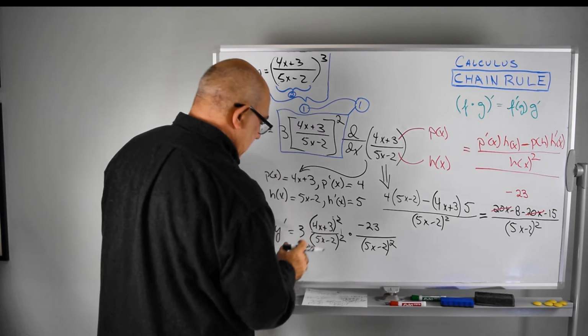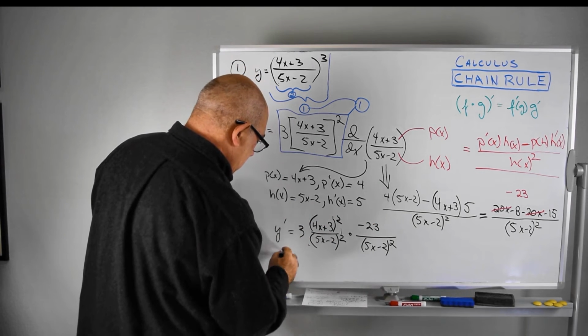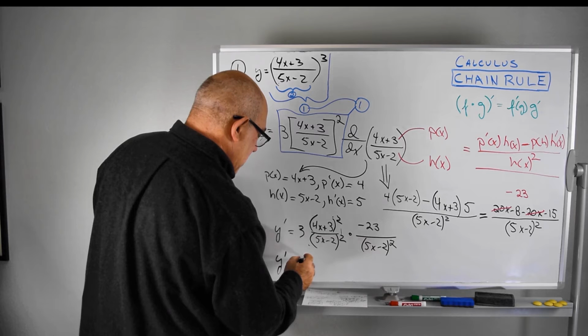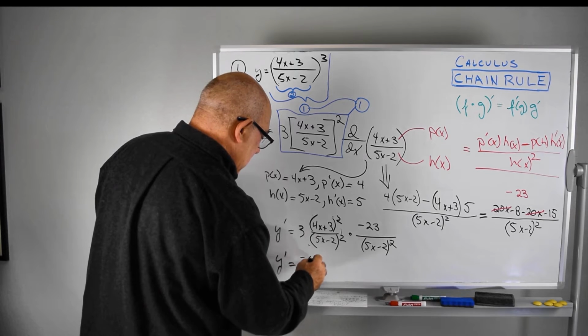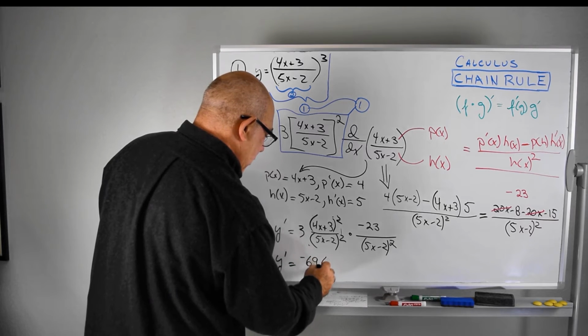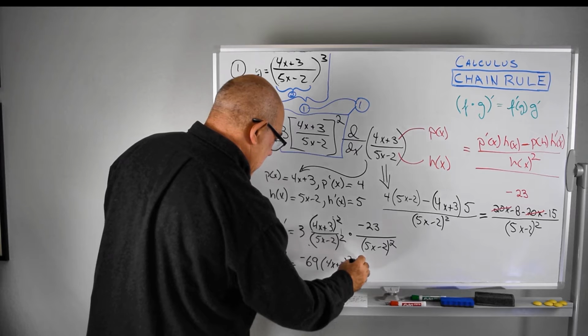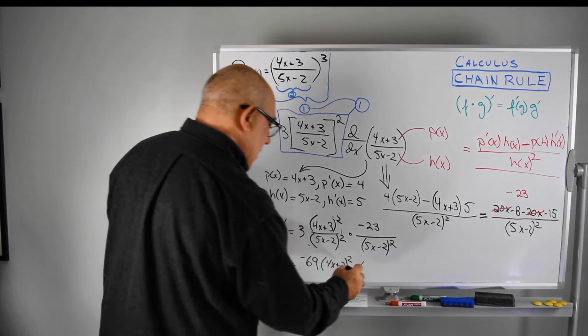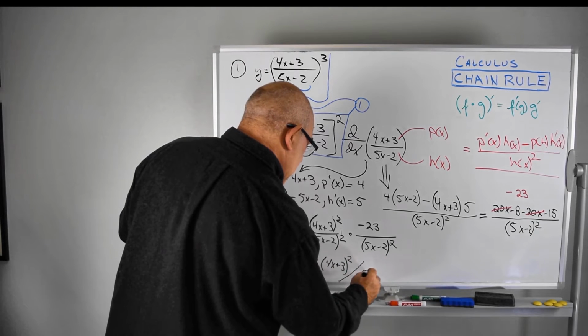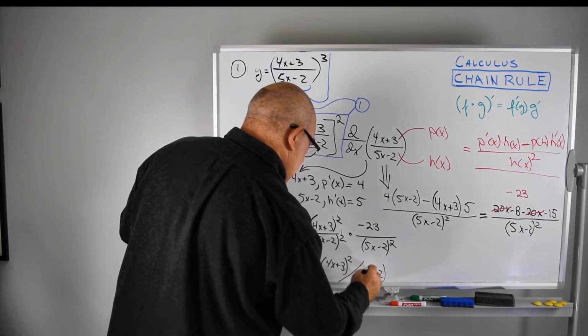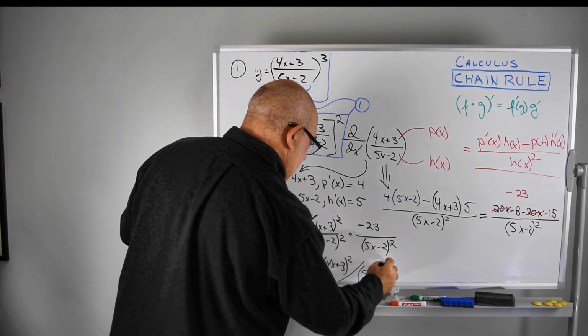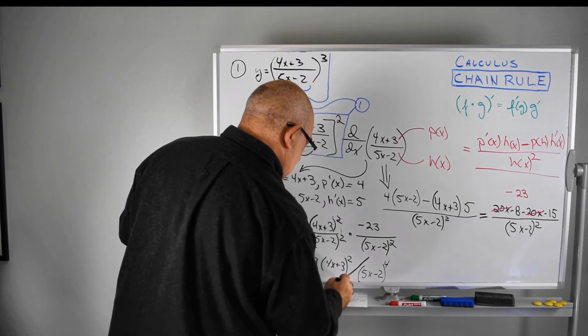We can simplify this down. So y prime is going to equal minus 69 times 4x plus 3 squared divided by 5x minus 2 to the 4th. Okay?